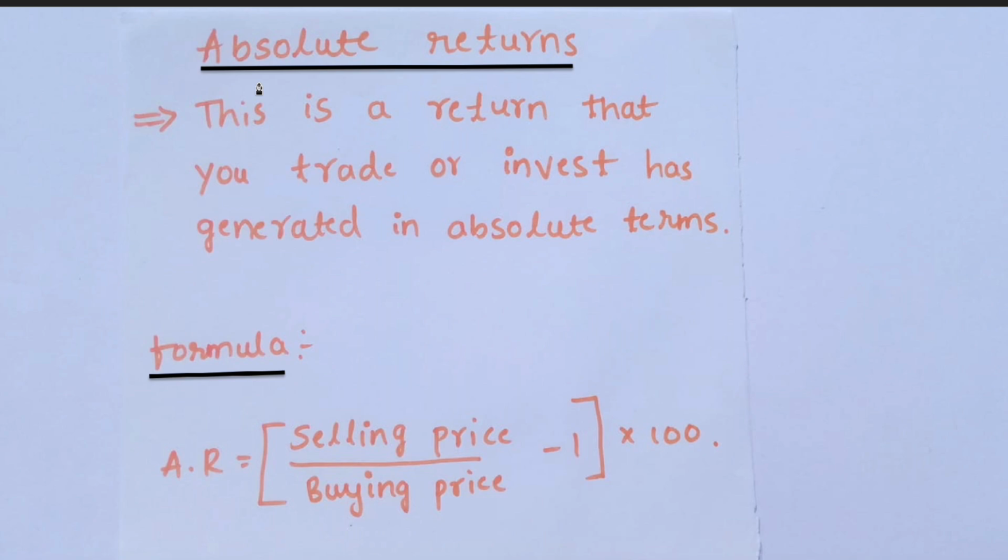The formula for that is selling price divided by buying price, minus 1, into 100. That means the rate at which you sell the share divided by the rate at which you buy the share, minus 1, into 100, gives the absolute returns.